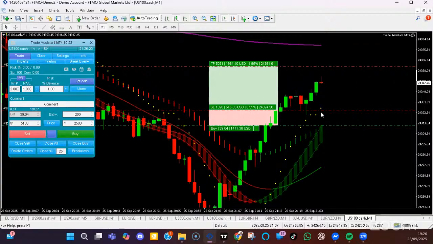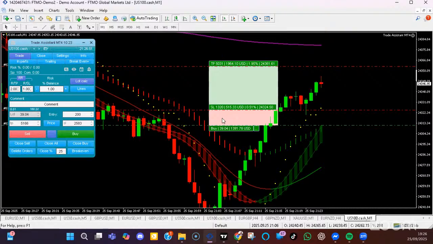Because of this parabolic SAR here, if we do get a turnaround, I've got $515 for my time. Thank you very much. The rest of it is risk-free, obviously. So from a stop loss position, I'm actually into stop profit.